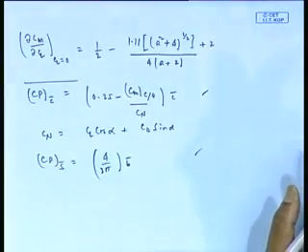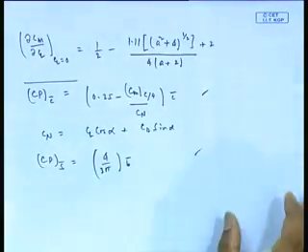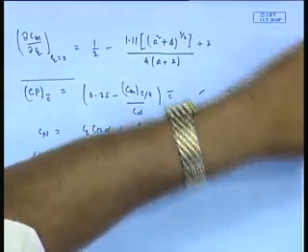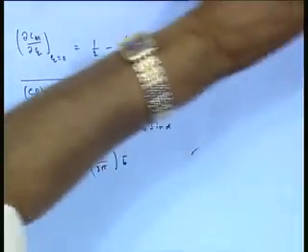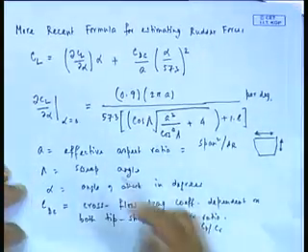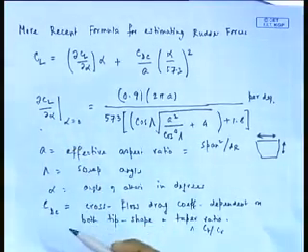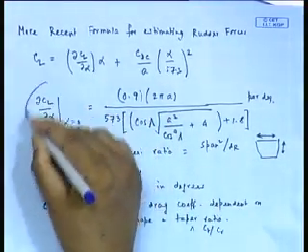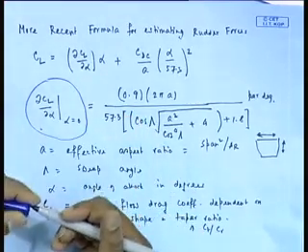Now, before I go to the other thing, I want to tell you a little bit about this formula, because it is going to come later on. See here, this term dCl by d alpha, the slope of the lift curve.